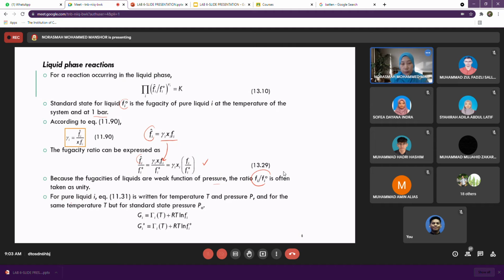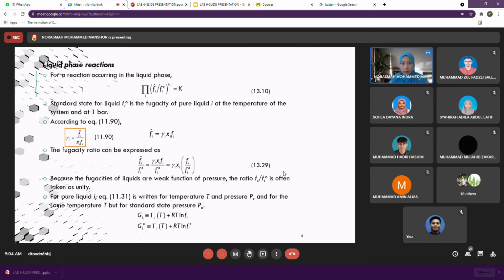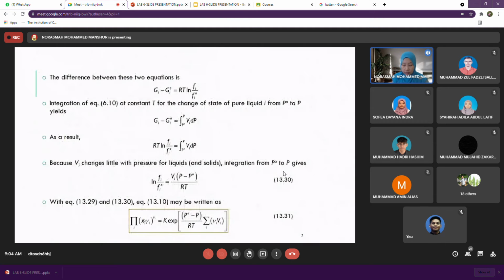Okay, for pure liquid i, equation 13.31, this equation is written for temperature T and pressure P, this one, and the other one at temperature T but at standard state pressure P naught, this one. The difference between these two equations is this equation.